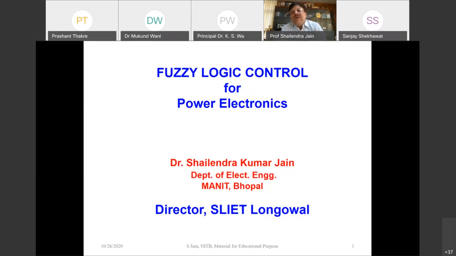And that is why fuzzy logic has gained importance in the control of power electronic converters. How it is effective, how it can be implemented, all this we will try to understand through this discussion.